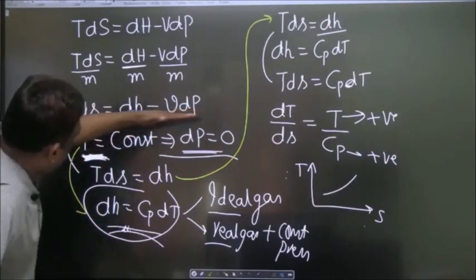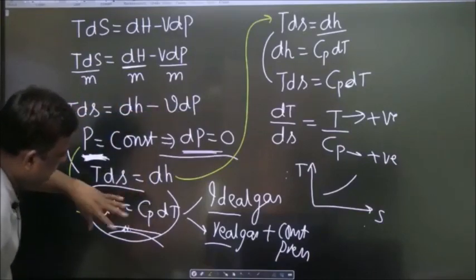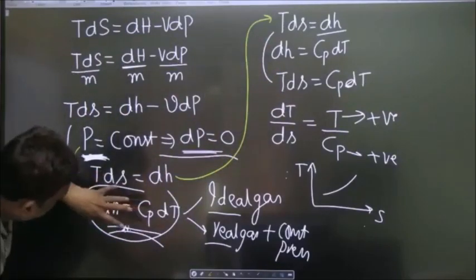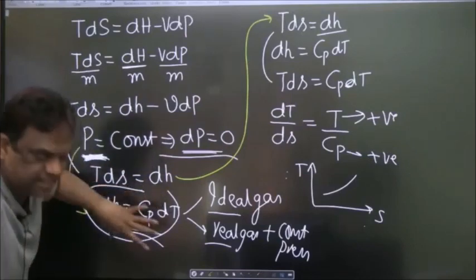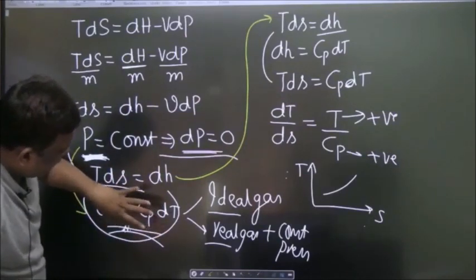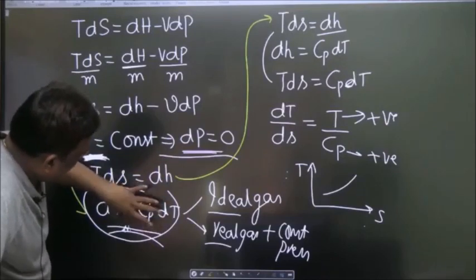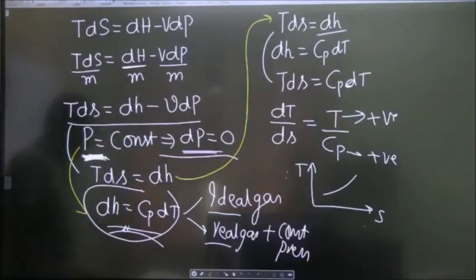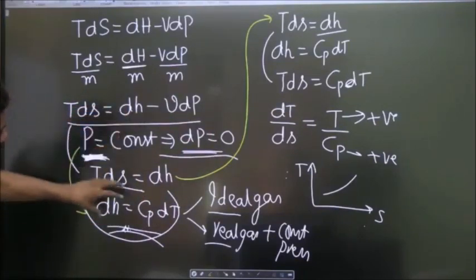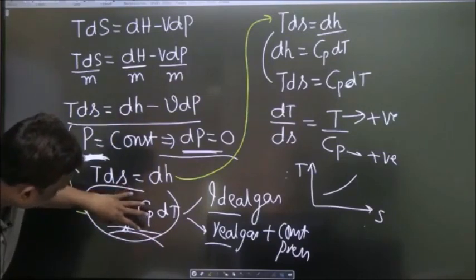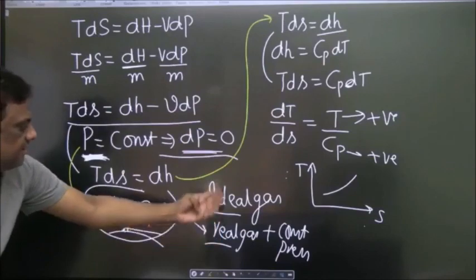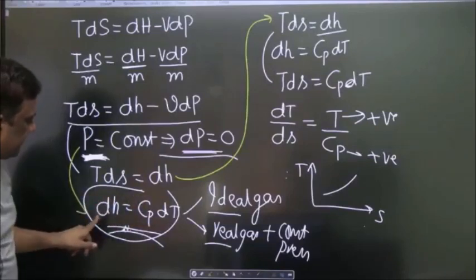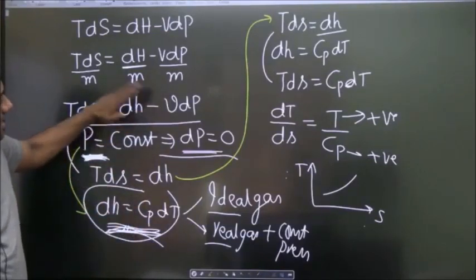Till now there is no problem. But I have used some conditions of ideal gas. That's why from here onwards it is valid for real or ideal gas, only for a certain section of working fluids. So I cannot use this for everything.